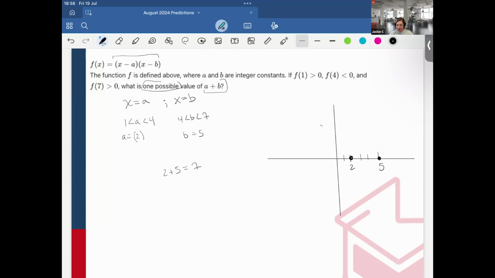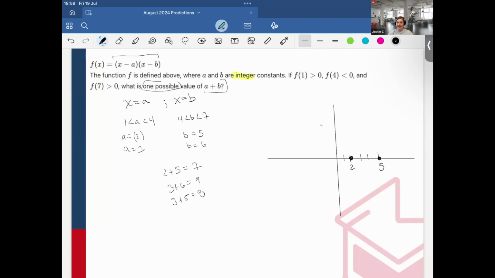It could also be a is 3 and b is equal to 6. So another possibility could be 3 plus 6, 9. So also important, it does say integer, so I can't put any decimals here. But 7 and 9 could be possible answers. And also 8, I could do 3 plus 5 as well.